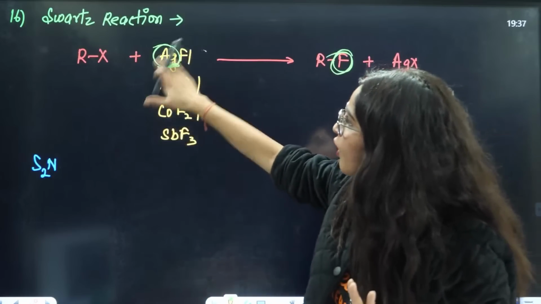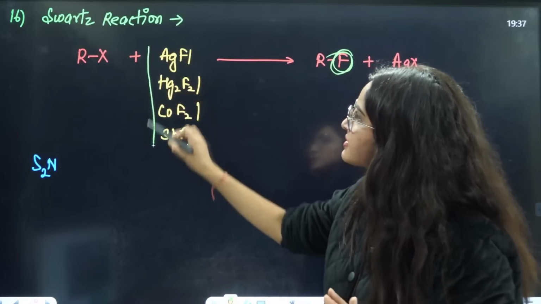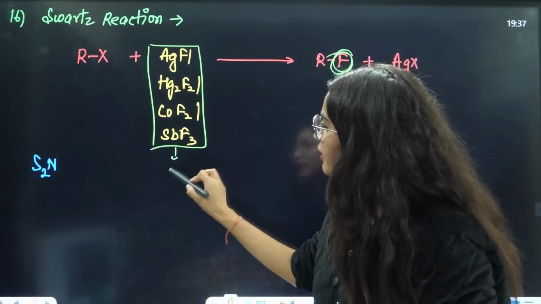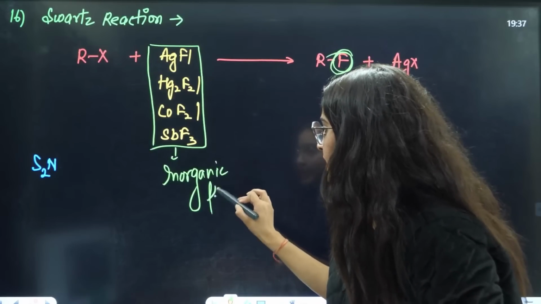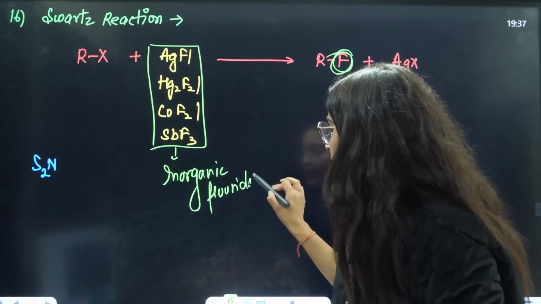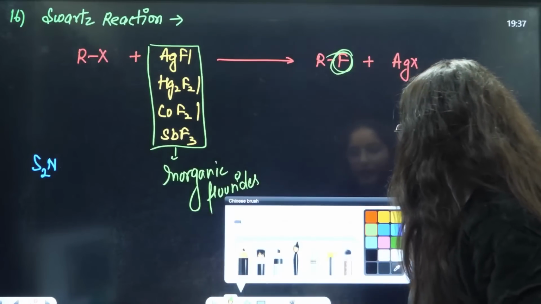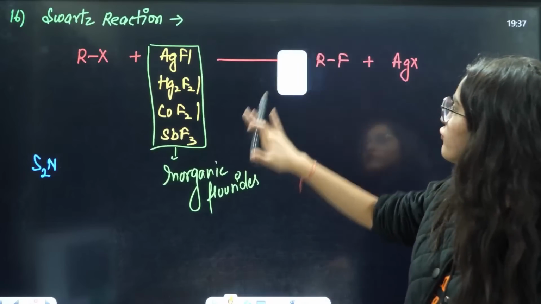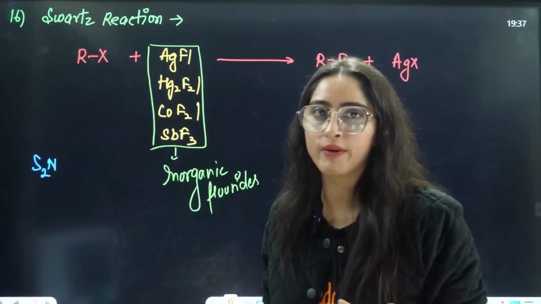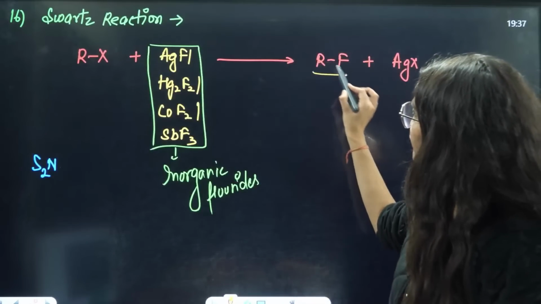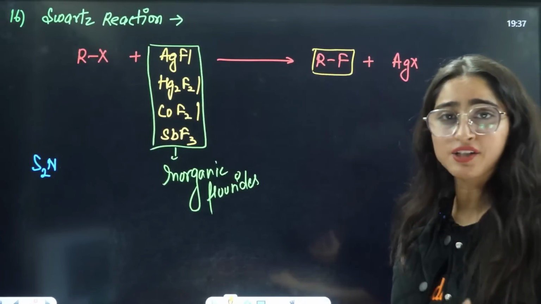Now, when Roxa agreed to Swati, basically these are your inorganic fluorides that it can use. Inorganic fluorides can be used here, and you will have the formation of RF here. RF is very difficult to form, that's why we have a reaction for this.